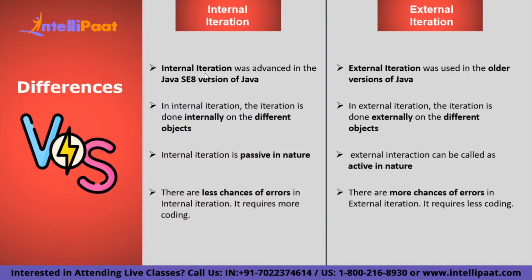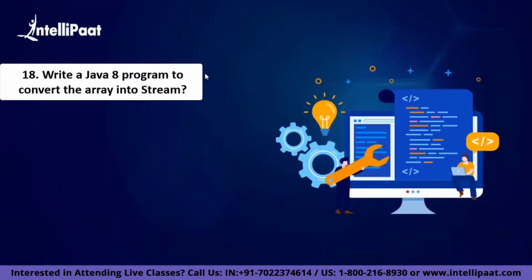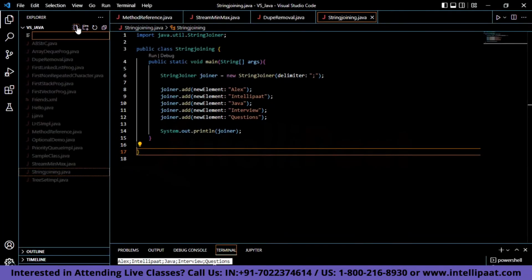Next question we have for you is: write a Java program to convert an array into a stream. We'll visit the code editor directly to build a solution to this question. Here I'll create the program file first and we'll name this ArrayToStream.java.